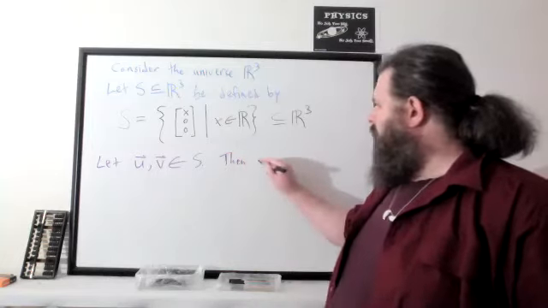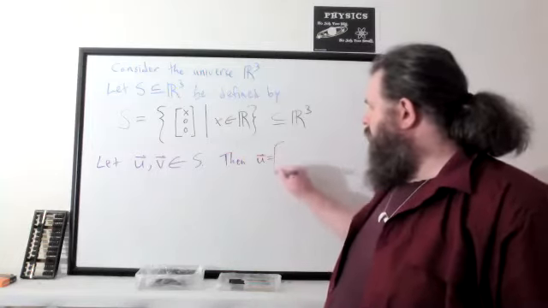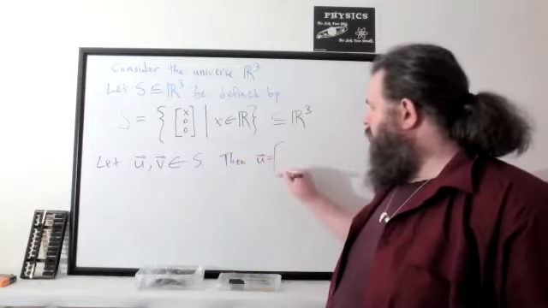So we could write those out. We could say U has to be something, 0, 0. Let's just make up a variable. Let's say A, 0, 0. And V equals something else, B, 0, 0, for some real numbers A and B. Some A and B that are members of the real numbers.